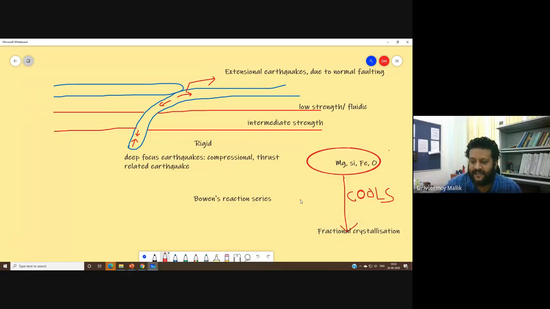Fractional crystallization means that at the very beginning we see Mg-rich crystals coming out. Say, for example, olivine comes out, and then after that pyroxene comes out. So all the Mg, Fe, the mafic minerals start to crystallize first, and at the very end, the silica-rich minerals get crystallized.